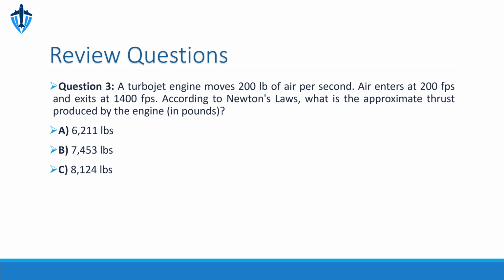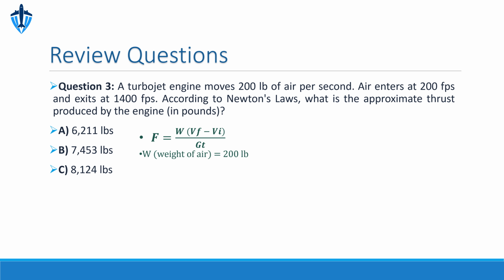8,124 pounds. Let's test your understanding of Newton's laws and their application to jet engine thrust. You are given the following information: weight of air moved per second, W, initial velocity of the air, Vi, and final velocity of the air, Vf. We want to calculate the thrust, F. To solve this, we use the formula derived from Newton's second law, F equals W times (Vf minus Vi), divided by g times t.